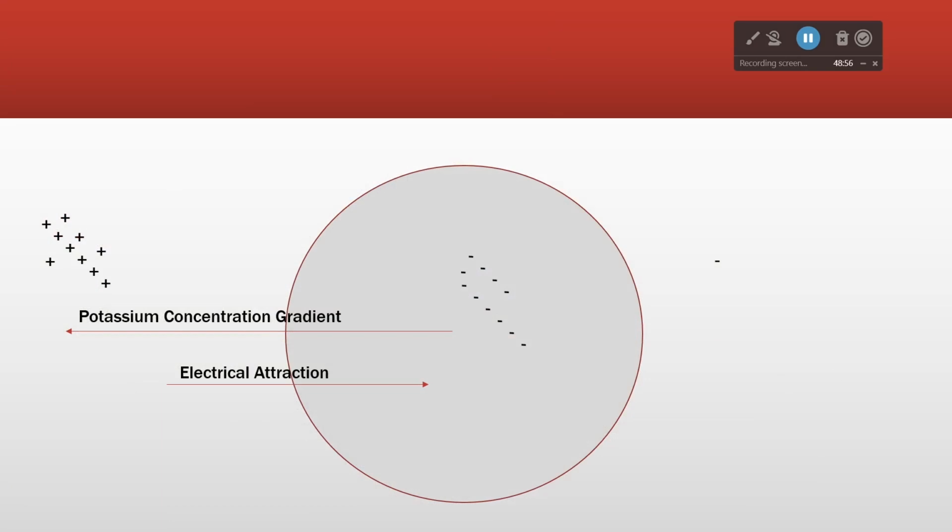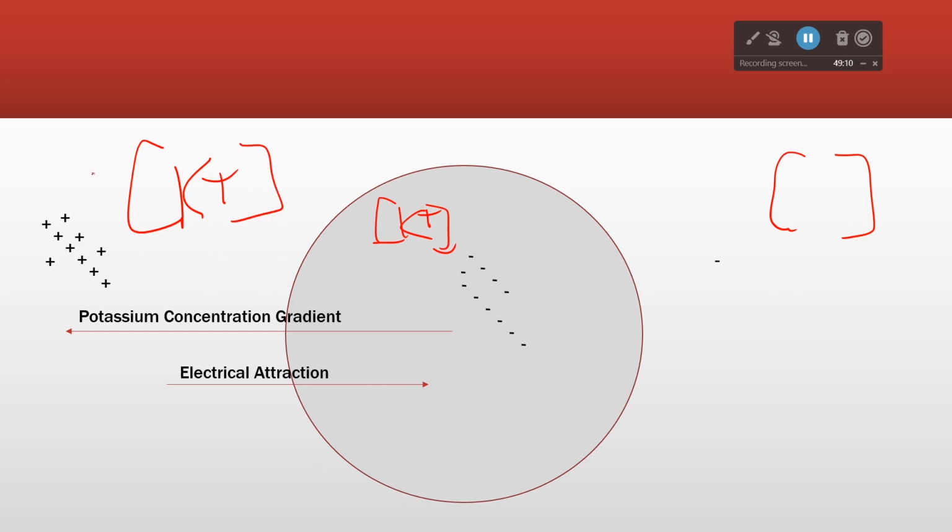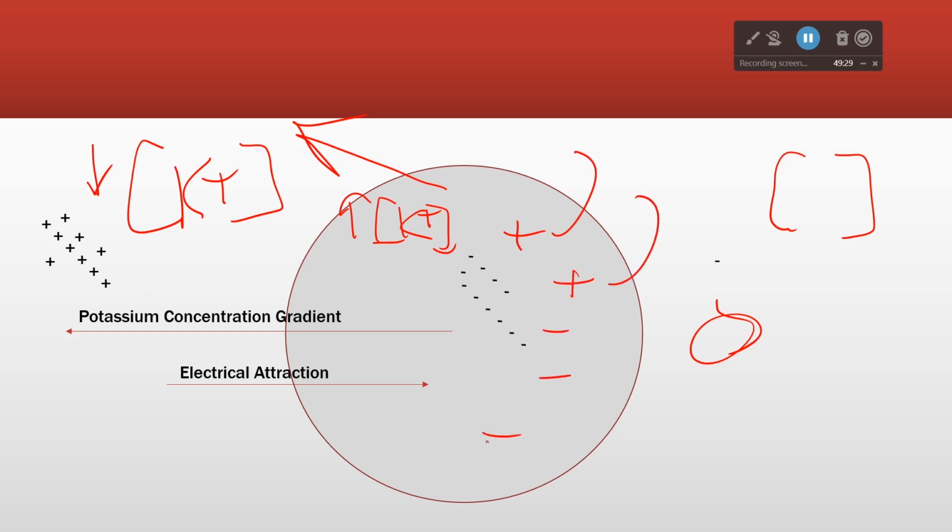So to put it in my picture here, right? Concentration. Remember that symbol, concentration, right? Concentration of potassium inside versus outside. It's low outside, high inside. So the vector is that way. So that's the concentration gradient. Each plus that leaves a minus behind, right?